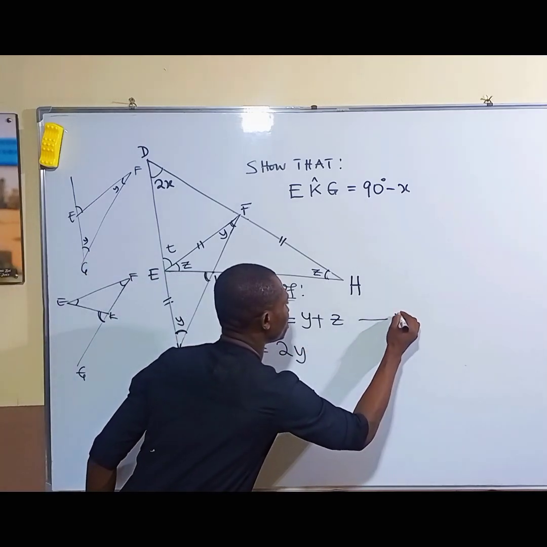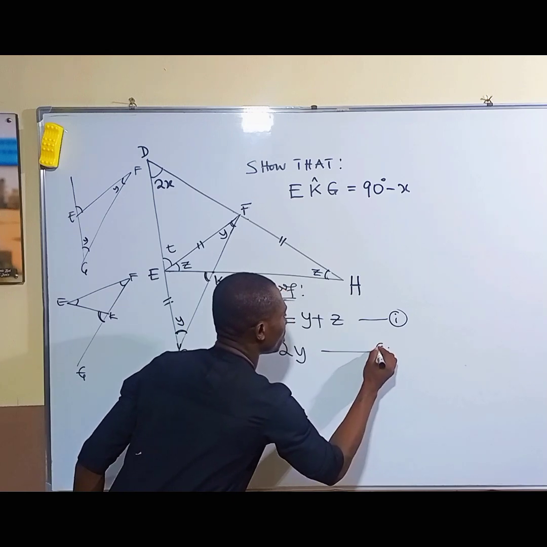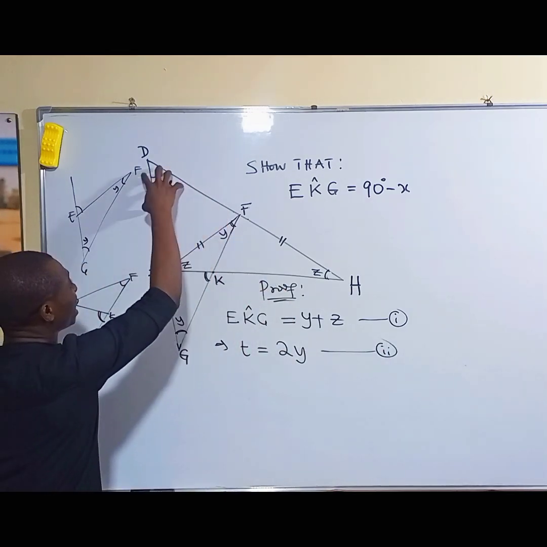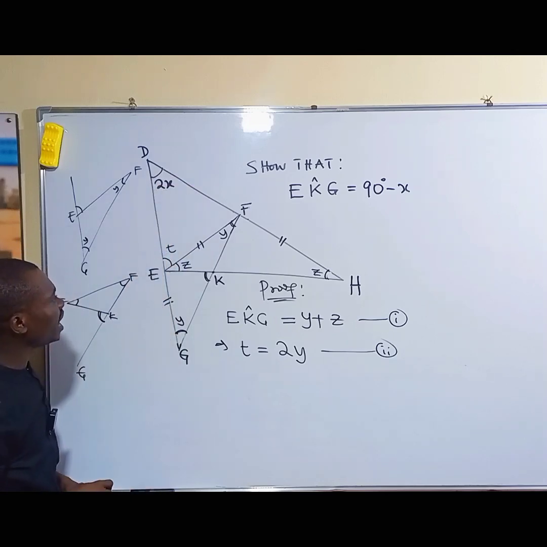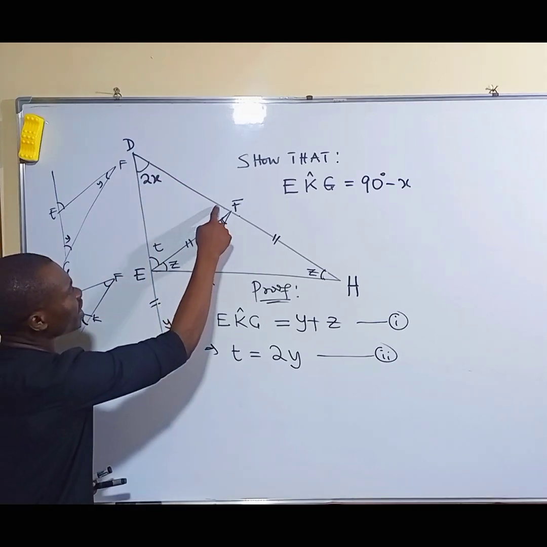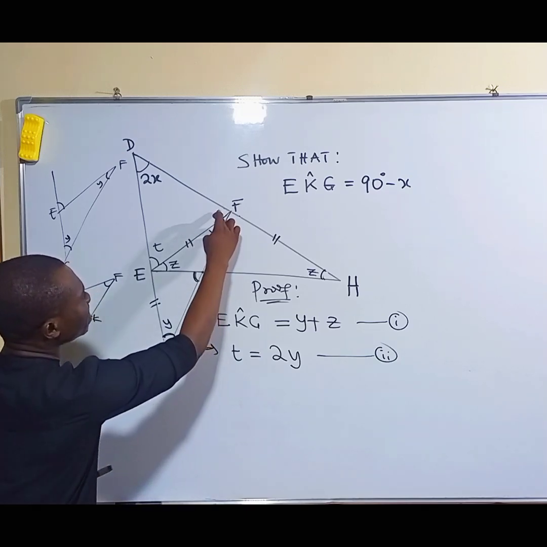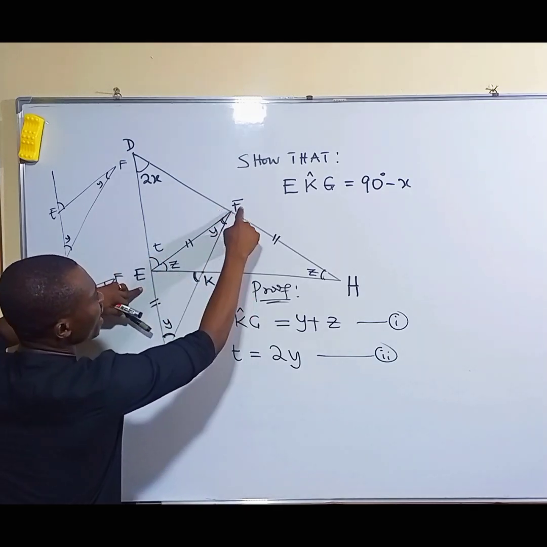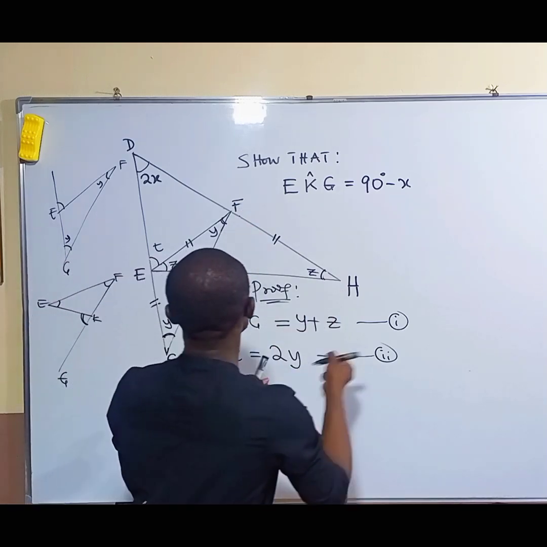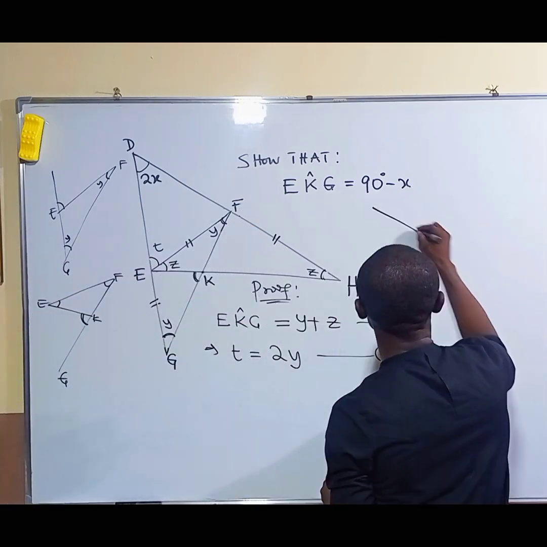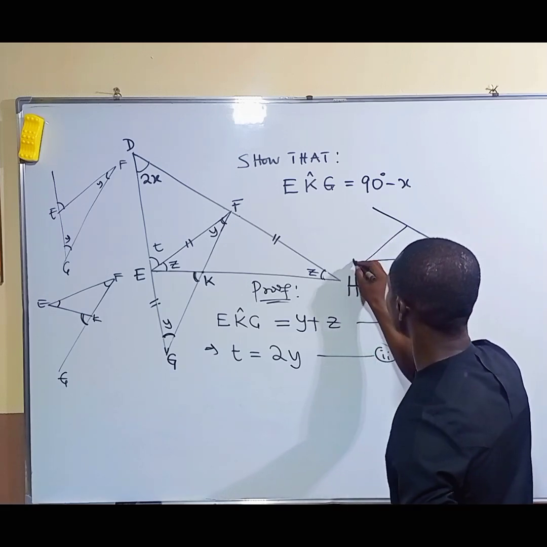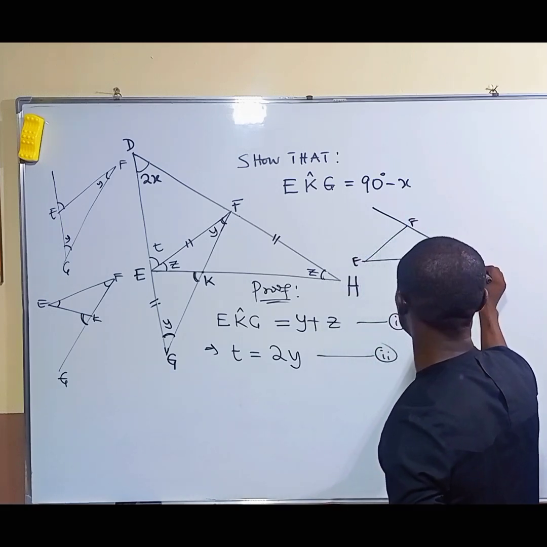Maybe we can call this equation 1, and this one equation 2. Now let's look at the third angle that completes this one. Let's see what that will give us. You can clearly see that this third angle is also external to the triangle EFH. Let me draw that one out here. It's something like this. This is our EFH.